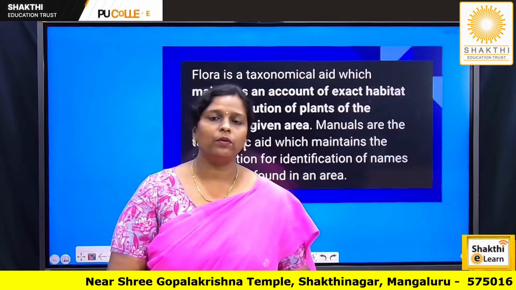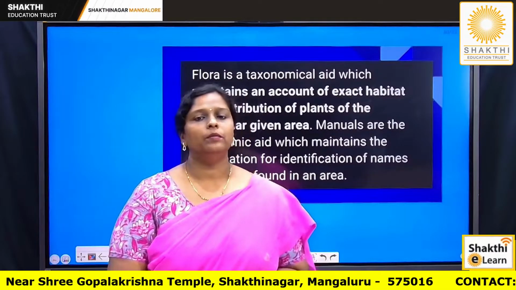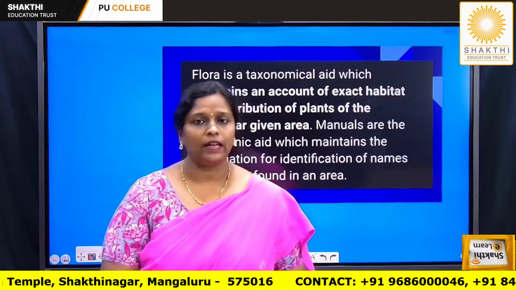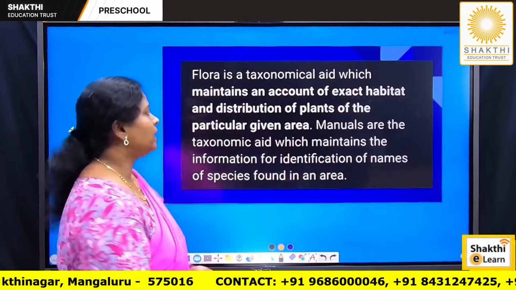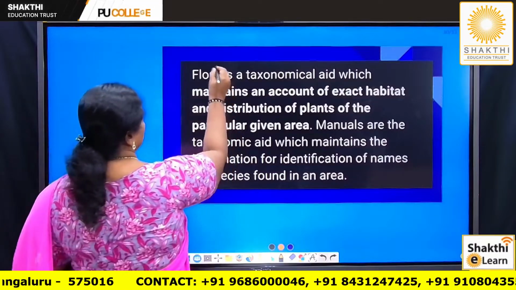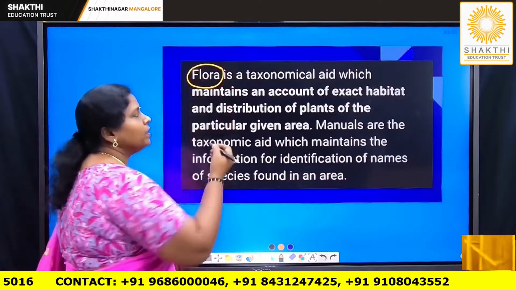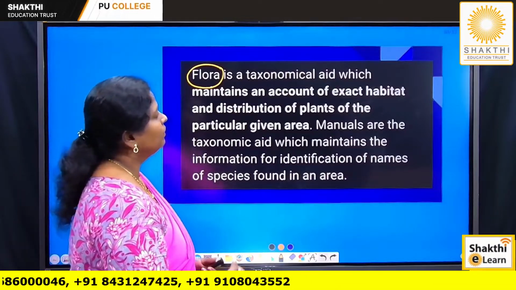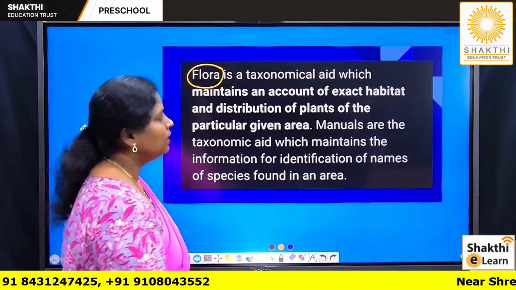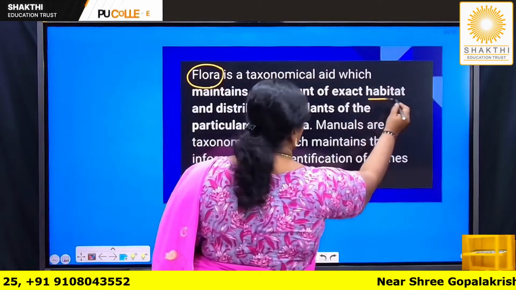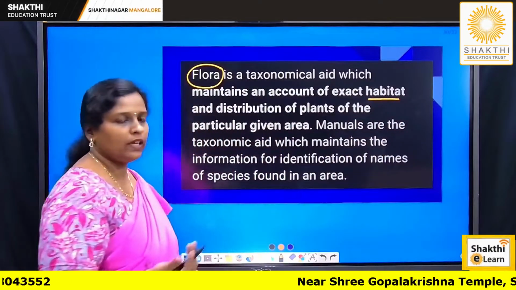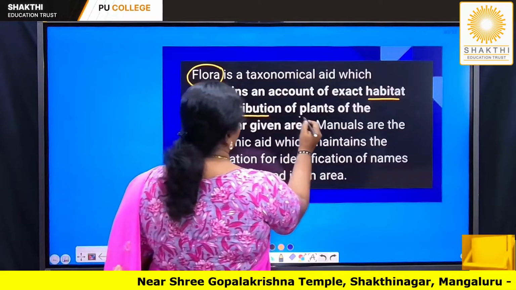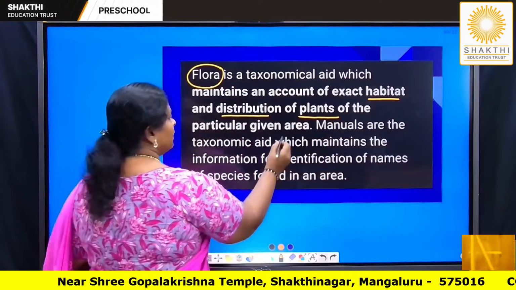From the examination point of view, herbarium, then museum, botanical gardens, zoological parks. These are the most important taxonomic aids. One more taxonomic aid which you need to know is flora. What is the meaning of flora? Flora is a taxonomic aid which contains the account of the exact habitat, that is, place where an organism lives or place where a plant is found, and distribution of plant species present in a particular area.